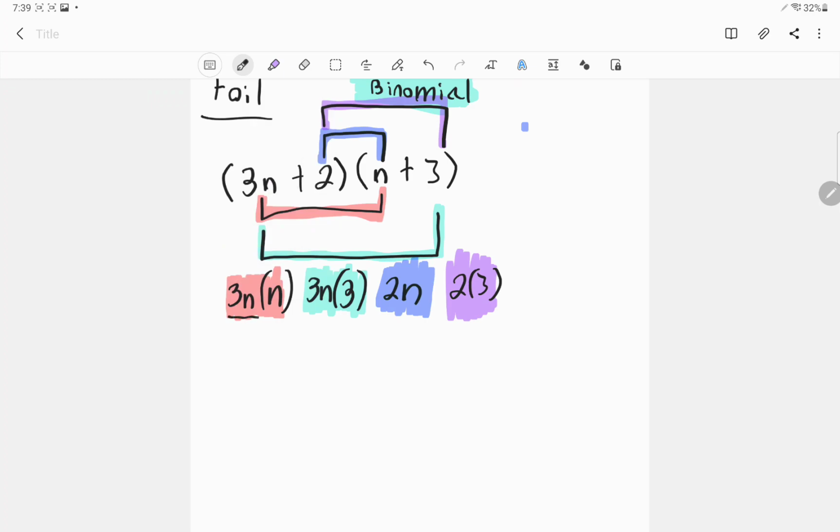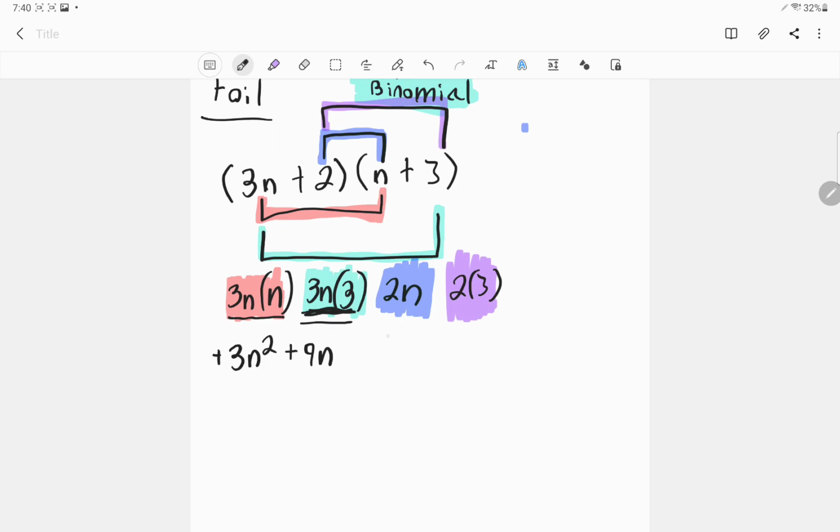So 3 right here, I'm going to underline it. 3n times n is going to give me 3n squared. Okay, this one's positive, so I'm going to put a little plus in front of it. Now I have 3n over here, the second one, right? I'm going to put 2 lines. The second one's going to be 3n times 3, which is going to be 9n. Is it positive or negative? It's positive, right? Because both numbers are positive.